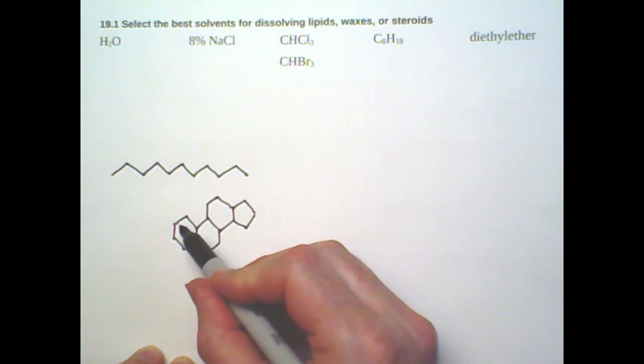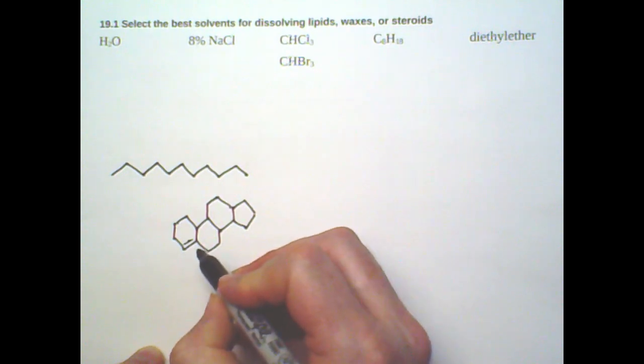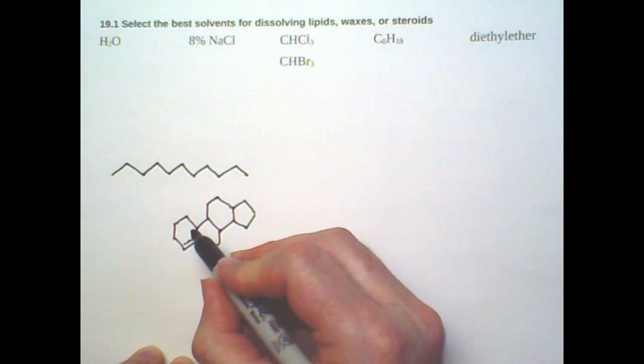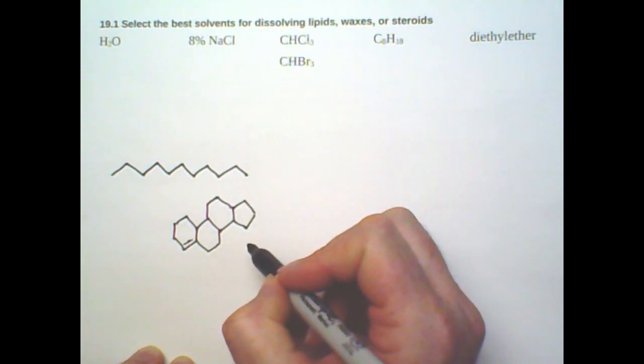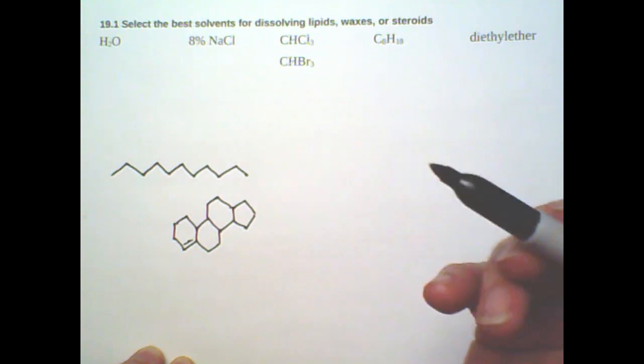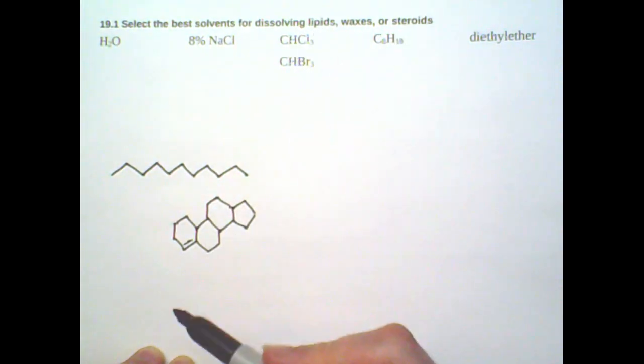They can sometimes have double bonds inside of the 6-membered rings. But this 6-6-6-5 shape is giving you a steroid. And all these are very nonpolar.